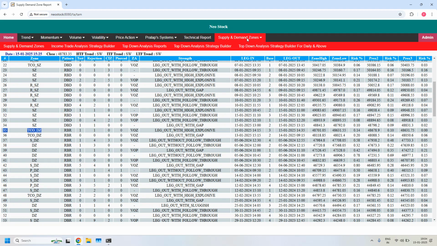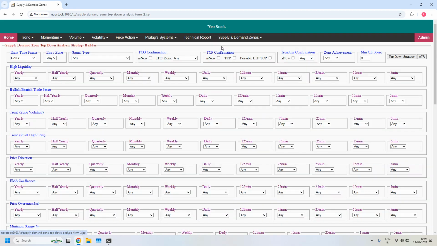Next, we will generate bullish and bearish trade setups for monthly, weekly, daily income trades. Monthly income trade bullish trade setup, entry time frame daily, entry zone demand zone, bullish or bearish trade setup at daily time frame. I am selecting bullish, and zone achievement violated opposing zone, minimum odd enhancers score 12.